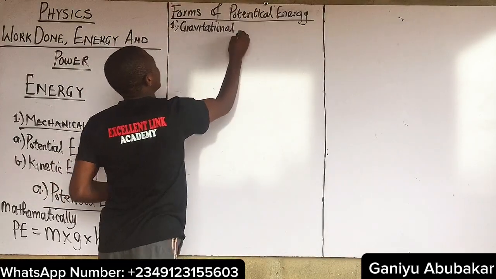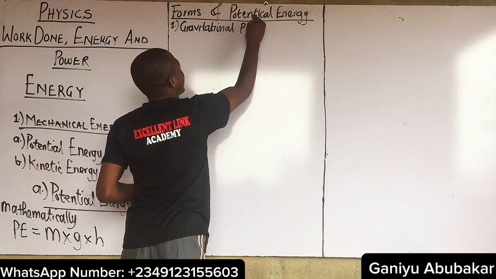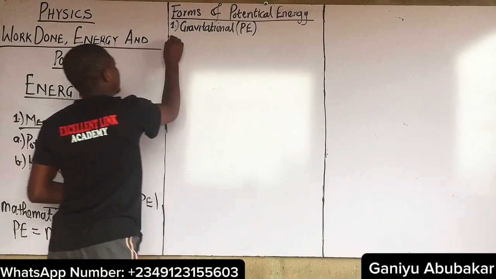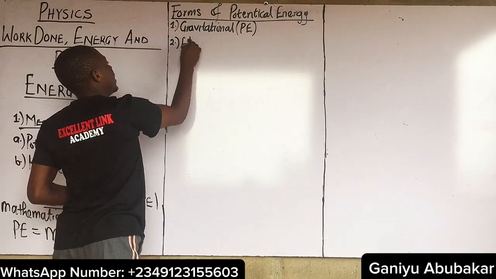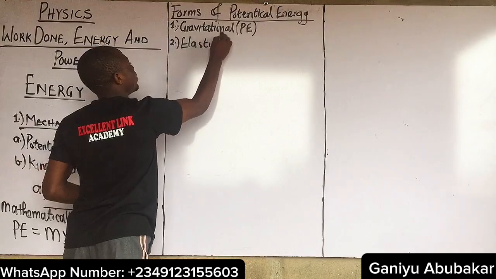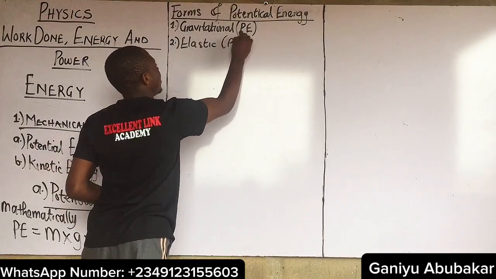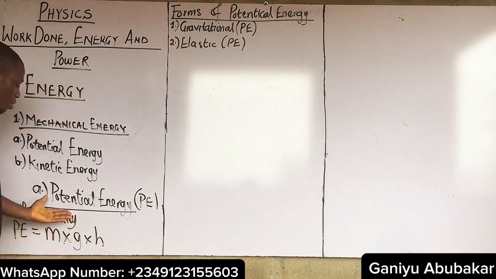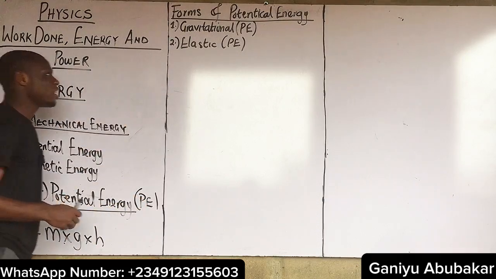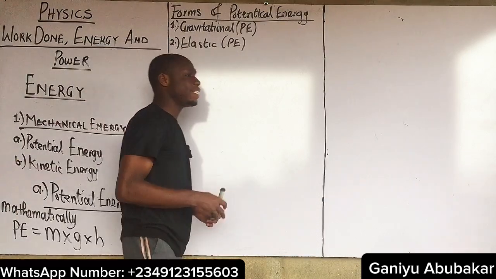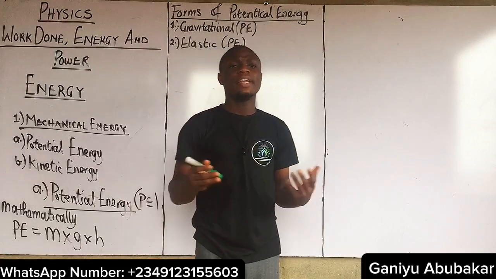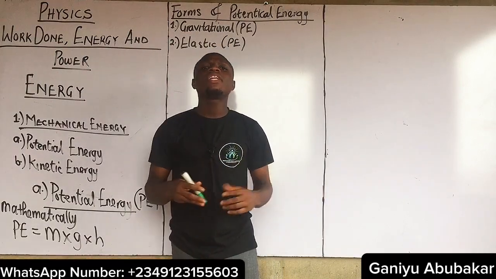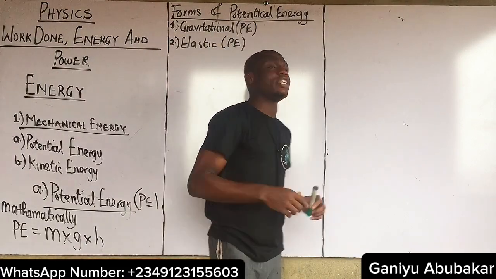So we have the first one as gravitational potential energy. Let me use PE. And number two, we have the elastic potential energy. These are the two forms of potential energy that we have. Let's discuss this concept one after the other.